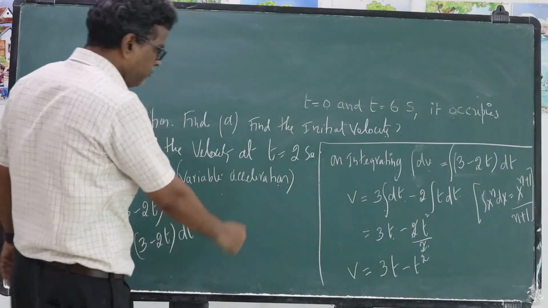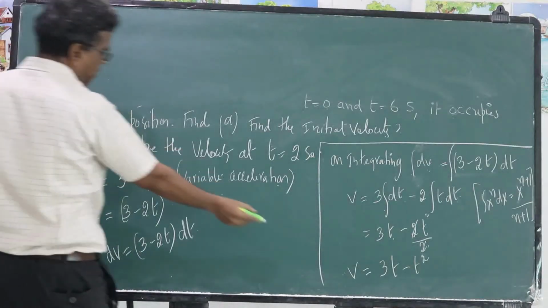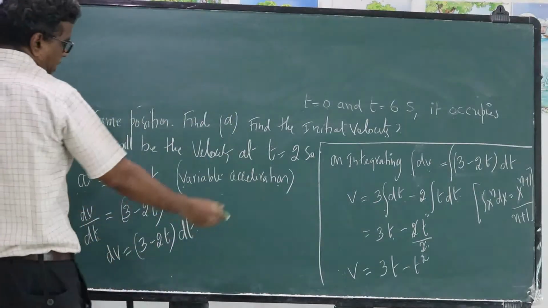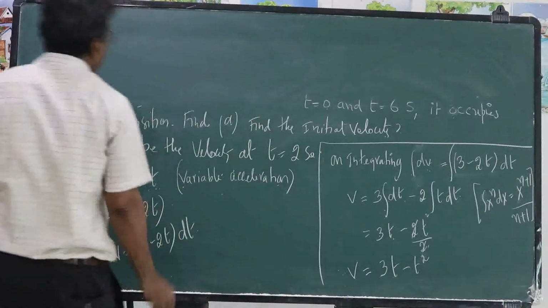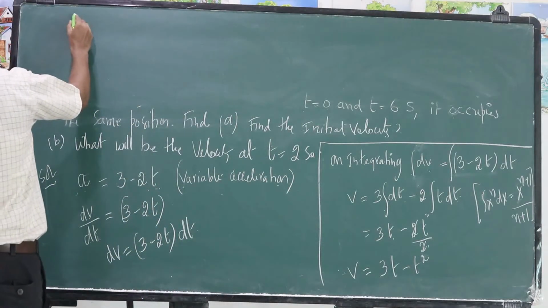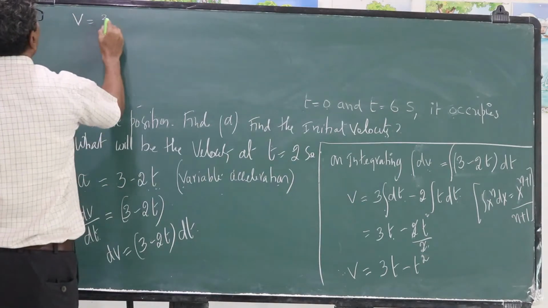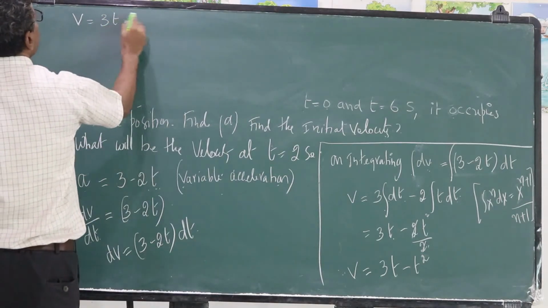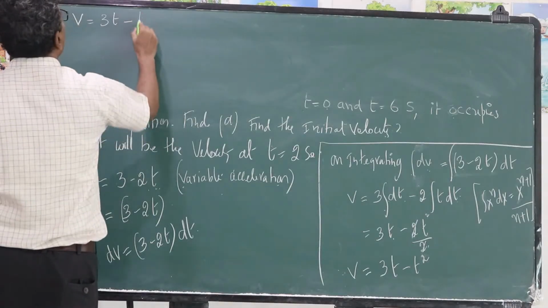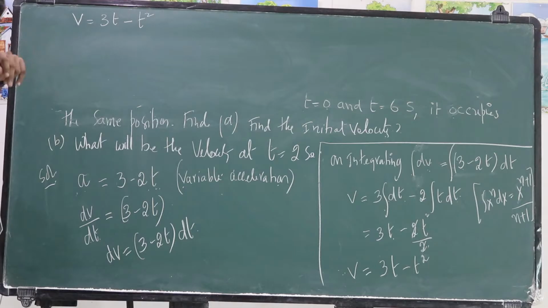I want the position, so v can be written as 3t minus t square. This velocity is a function of t.